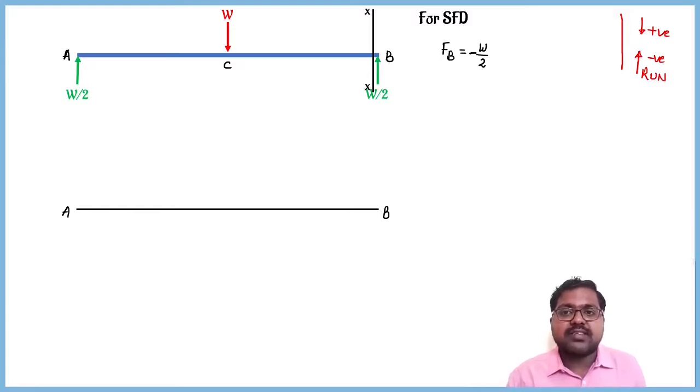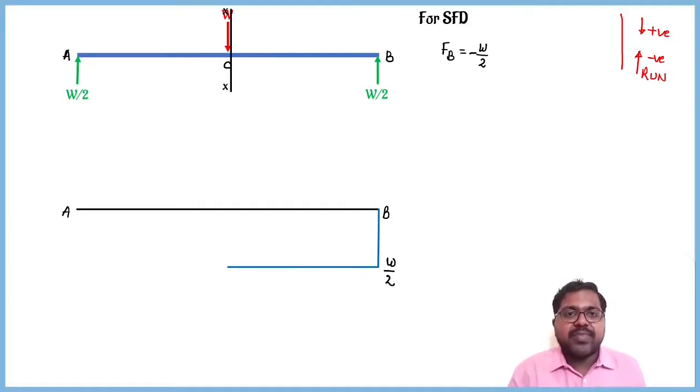Let's draw this minus W by 2 below the baseline. So here it will come as B, minus W by 2, below the baseline. Then from B to C, there are no vertical loads acting on the member, so the shear force from B to C will continue as a straight horizontal line.